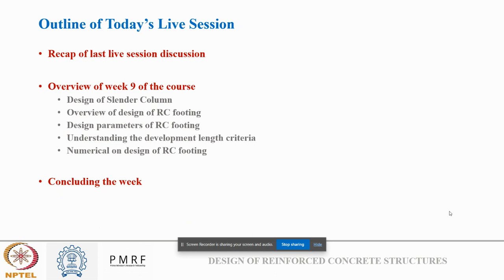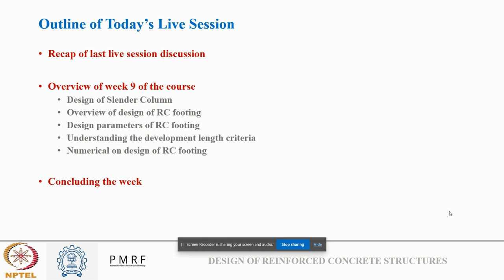So, in today's live session, we will first have a quick glance at what we discussed in the last live session, that was for week 8 of the course. Then we'll discuss the week 9 content, wherein first we'll solve one remaining numerical on design of slender column, and then we will start a discussion on design of RC footings.